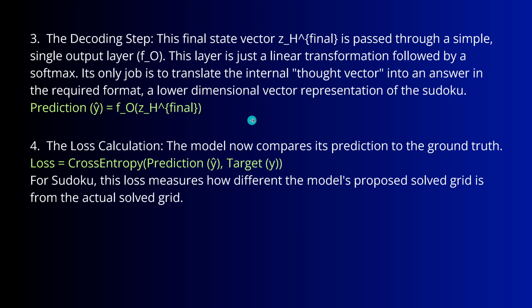Now, if we have this prediction here from the first step, you know what we do? We have now a loss calculation, a cross-entropy loss. The model now compares its prediction after the first step with the ground truth, with the golden final solution. For Sudoku, this loss measures how different the model's proposed solved grid is from the actual solved grid.